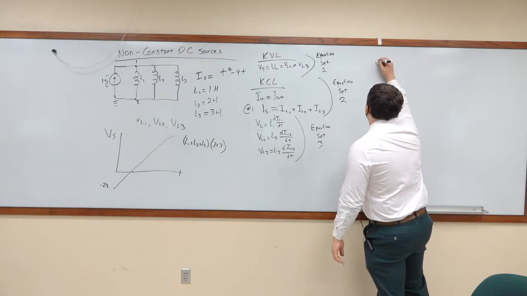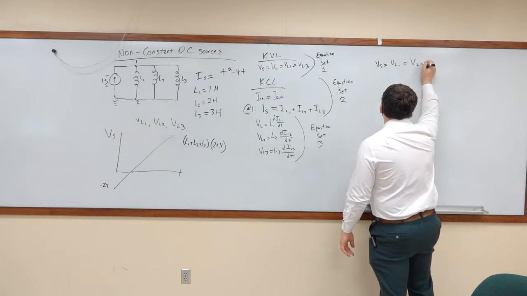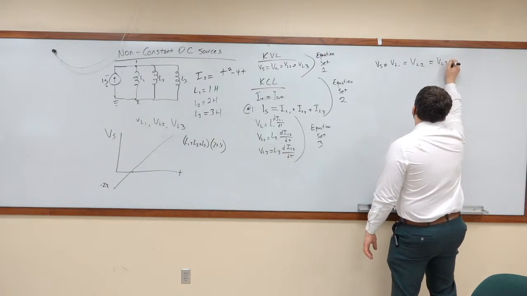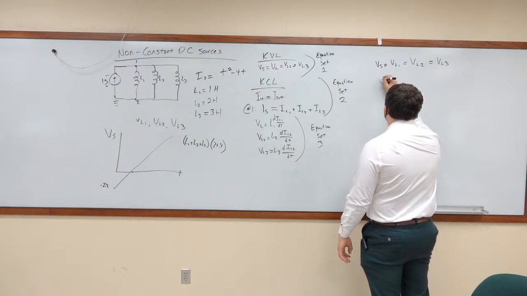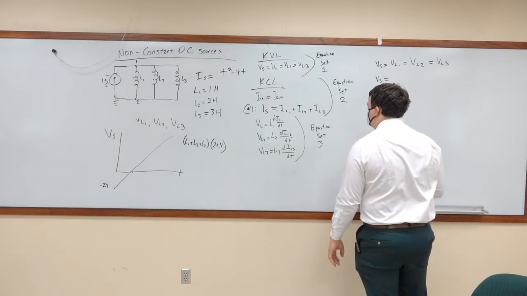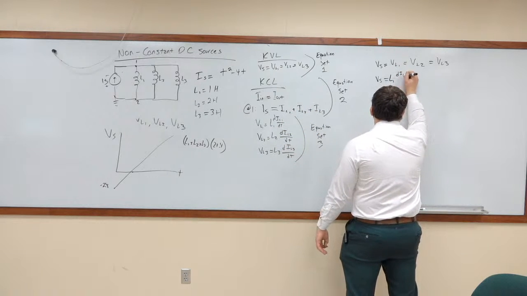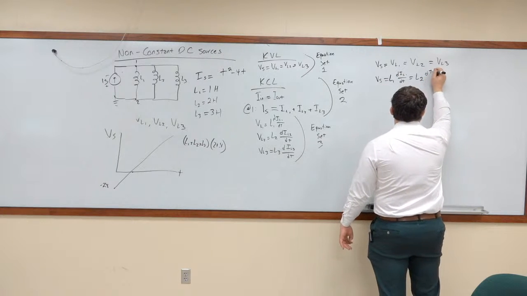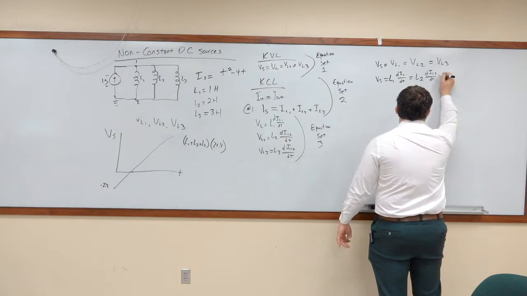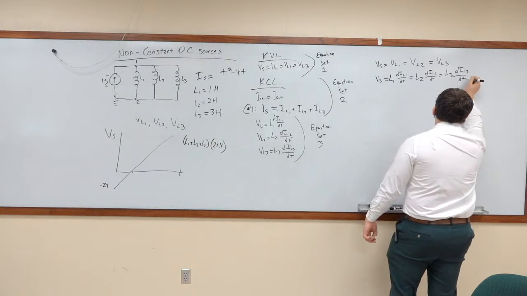So what we end up with is Vs is equal to VL1 is equal to VL2 is equal to VL3. Okay? So what we know now is Vs is equal to L1 dIL1/dt equals L2 dIL2/dt equals L3 dIL3/dt.